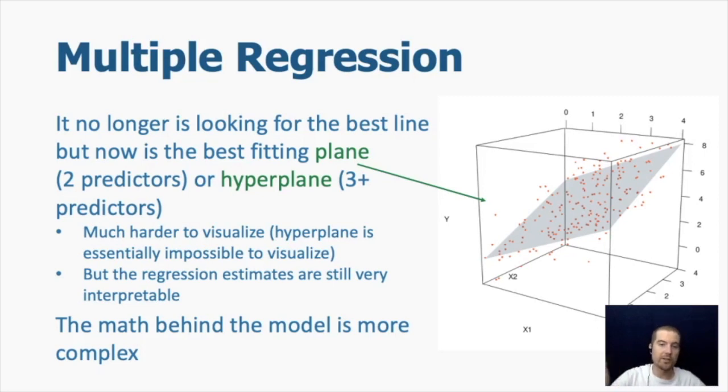It can be a lot harder to visualize what the line is doing, but the regression estimates are still very interpretable, which is really nice. That's one of the reasons why we use it, is the estimates themselves are still going to be very clear. They're going to help us understand exactly what the relationship looks like. You should also know that the math behind the model is more complex.